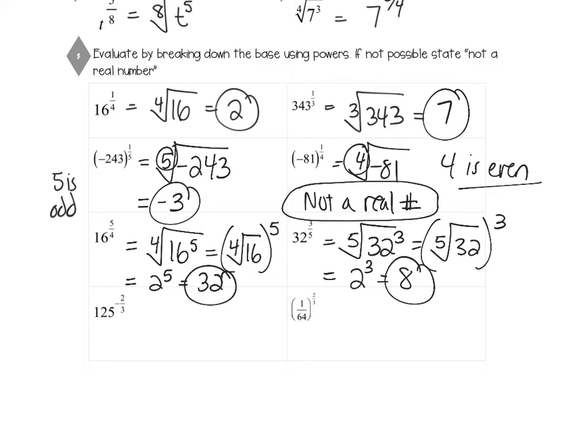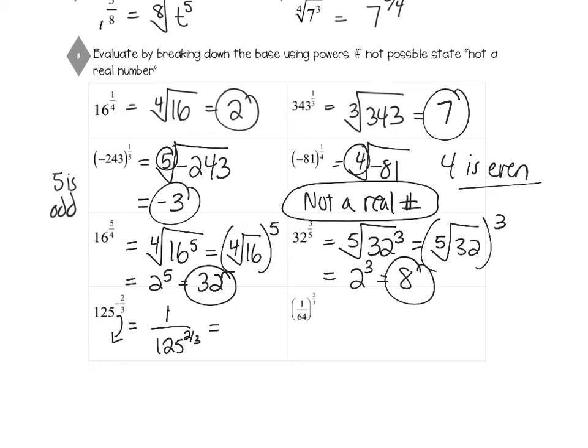In the next one, remember that if you ever have a negative exponent, so now the exponent is negative, it's a negative 2/3. When you have negative exponents, what you have to do to make it positive is you have to move it to the bottom. So this can be rewritten as 1 over 125 to the 2/3 power.